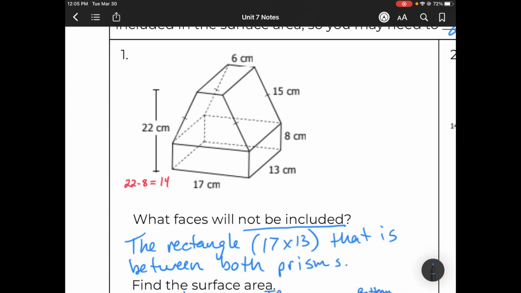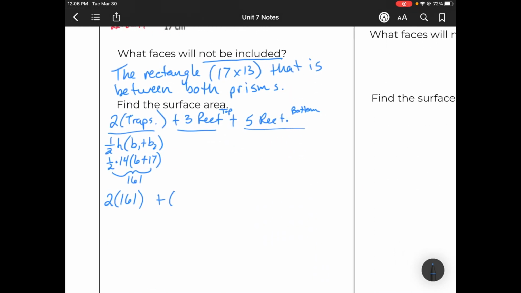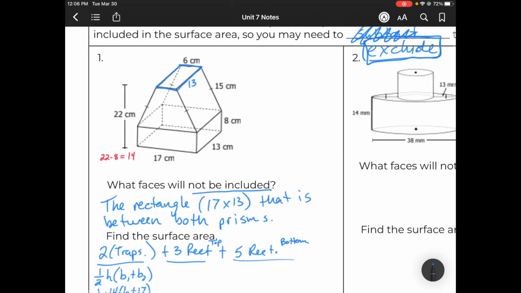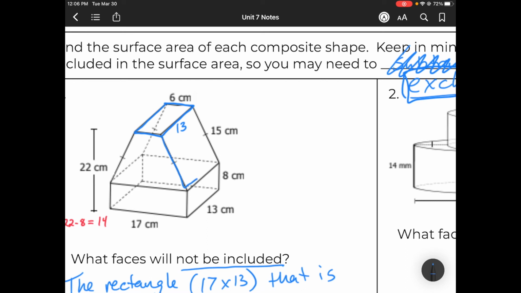Okay? So now we want to start with these different rectangles. So we've got one rectangle that's kind of skinny and narrow on top, and that one's easy enough to do. That one is 6 times 13. So I've got a 6 times 13 rectangle. Okay, then these other two are identical to each other.